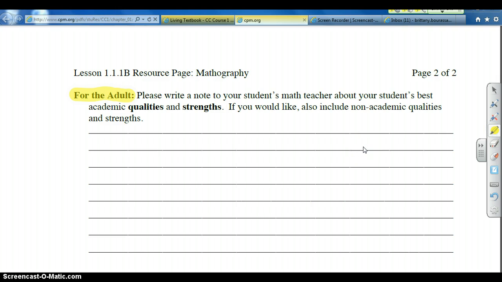The question is saying, please write a note to your student's math teacher about your student's best academic qualities and strengths. If you would like, also include non-academic qualities and strengths as well. So take some time to answer that.